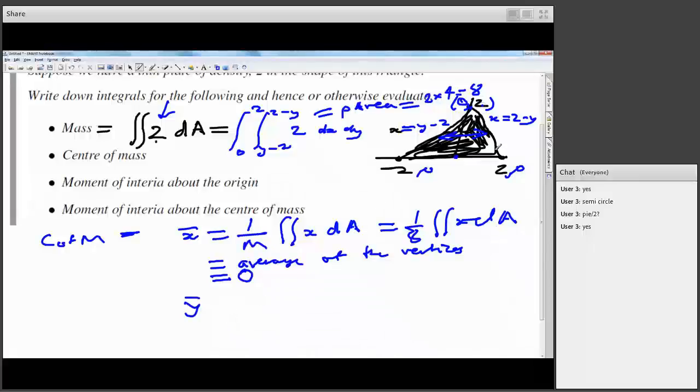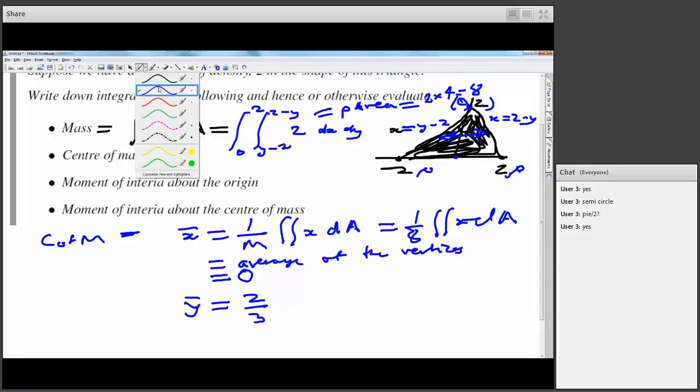So 2 plus 0 plus 0 gives you 2. Average them, so divide by 3, gives you 2/3. So that would be the average value. And if I draw that on my picture, it's about there. That's where the center of mass is. That will be the balancing point for this triangle. That's what we worked out.